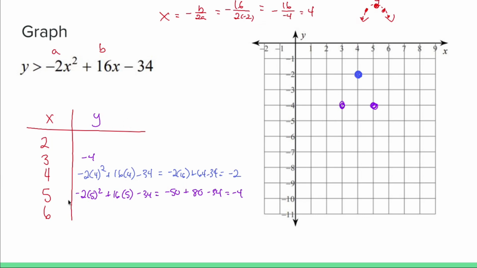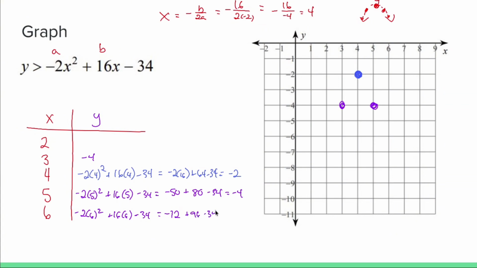Okay, let's do it again for 6. Negative 2 times 6 squared plus 16 times 6 minus 34. 6 squared is 36. Negative 2 times 36 is negative 72. 16 times 6 is 96.